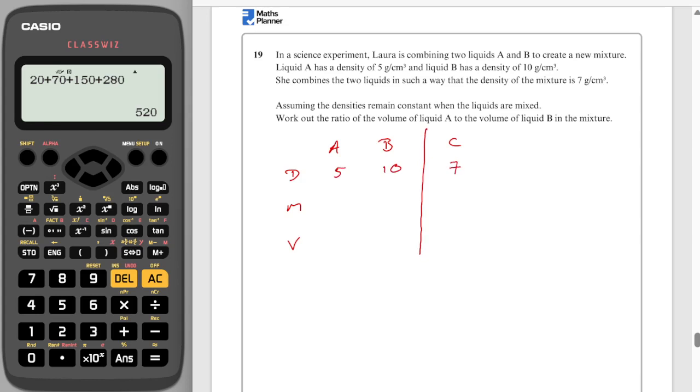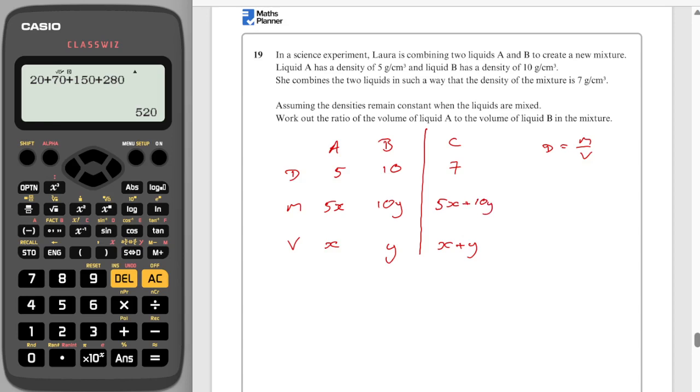So if we say that the volume of liquid A is x, the volume of liquid B is y, then density is equal to mass divided by volume. So mass is going to be equal to density times volume, so that would be 5x, and that would be 10y. This would be x plus y, because you need to add them up. This would be 5x plus 10y.